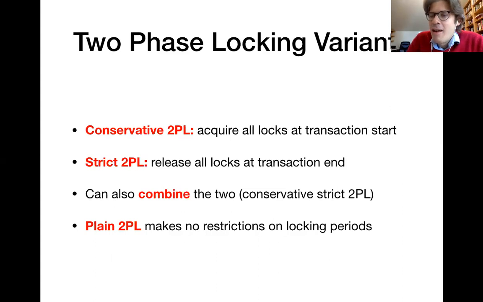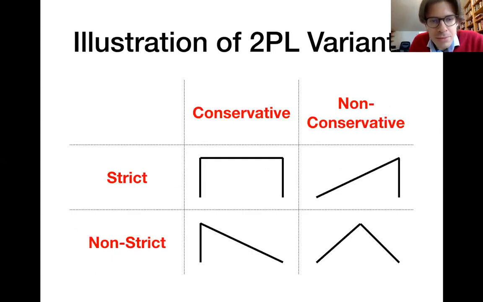So we can illustrate those different variants using the same graph as we have seen before, where we see how the number of locks of a transaction evolves over time. And as you see here, for the conservative two-phase locking variants, at the very beginning of execution, we always have a spike in the number of locks held. This is because conservative two-phase locking requires transactions to obtain all of their locks at once at the beginning of transaction execution.